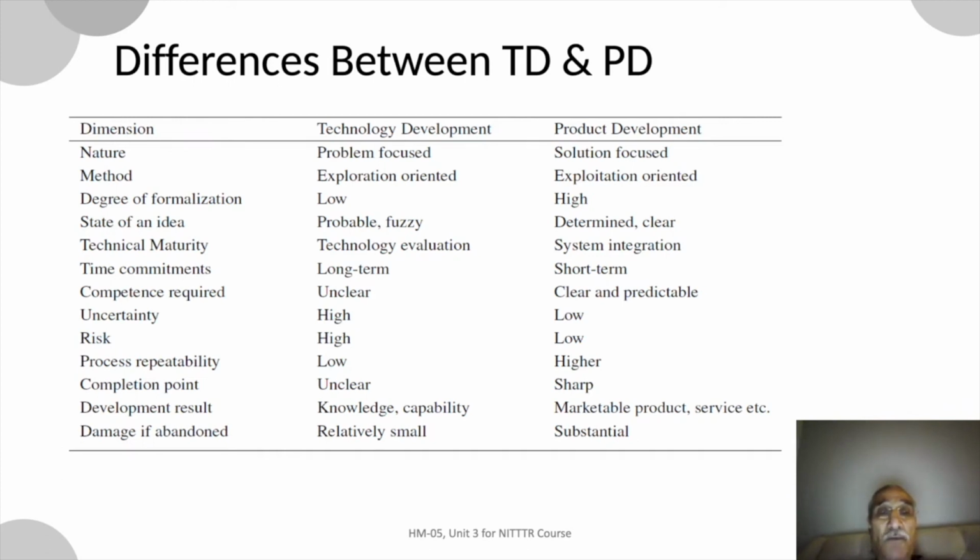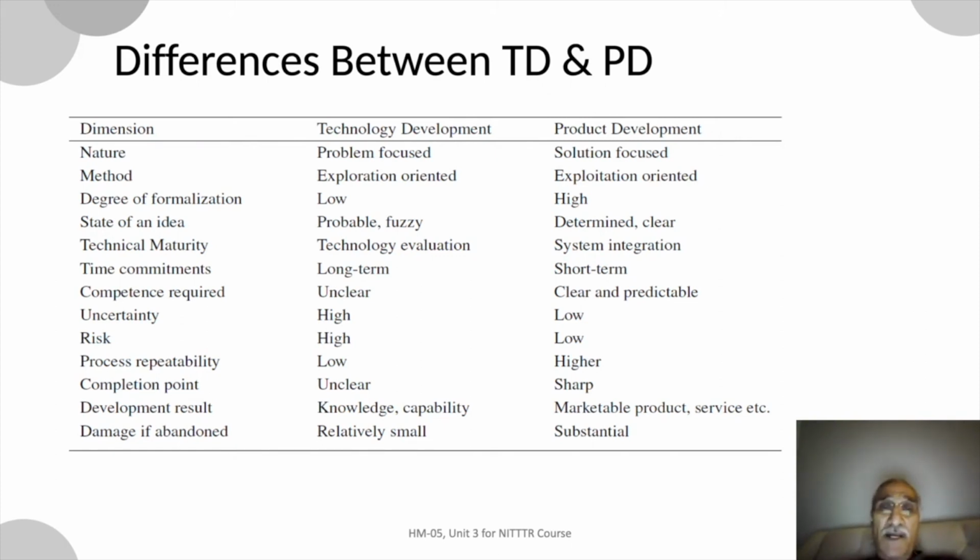The method is exploration oriented for technology development because we want to explore new ideas, new technological concepts, new manufacturing techniques, and new materials availability, and at the same time orient our internal competencies or joint ventures with other companies so that we can transfer the technology.